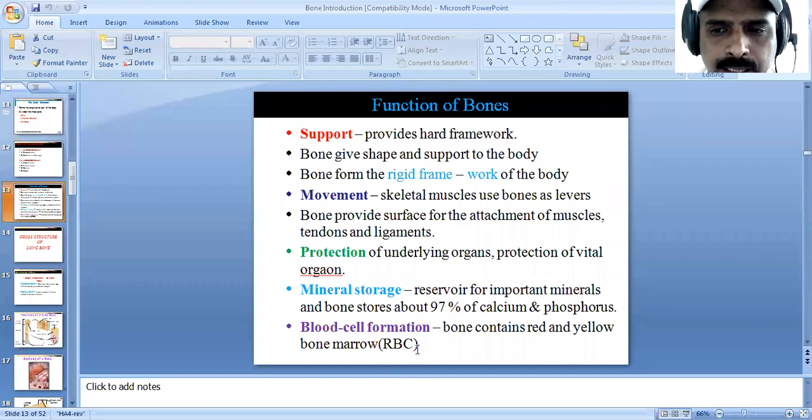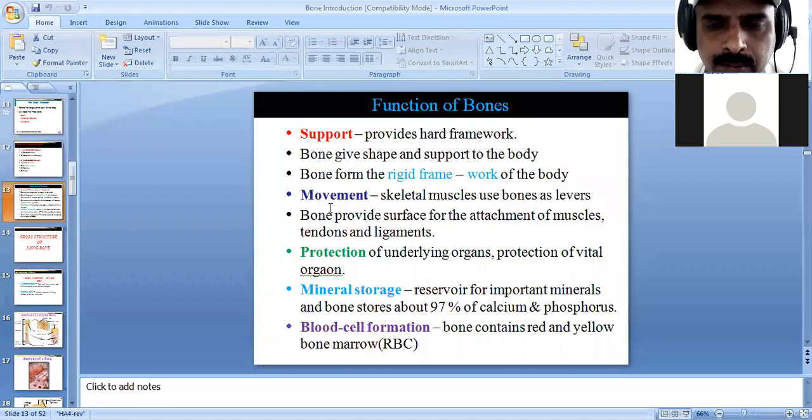We have red and yellow bone marrow. So you have to know about the storage as well, which I have included in this lecture.